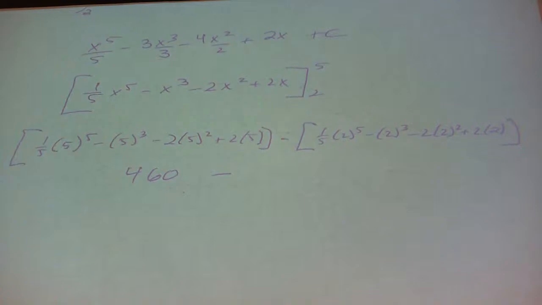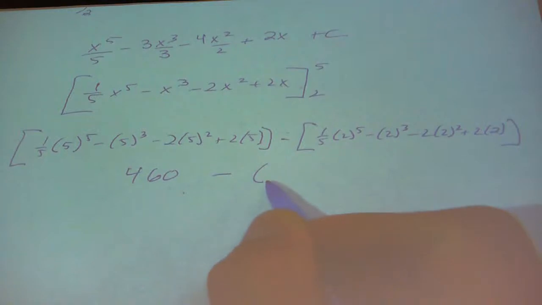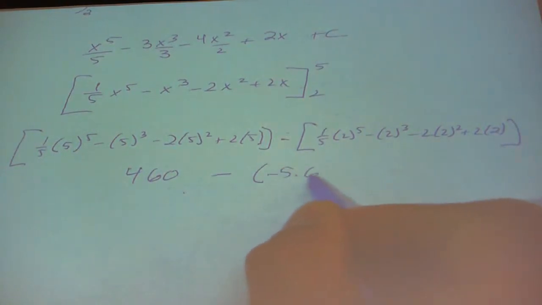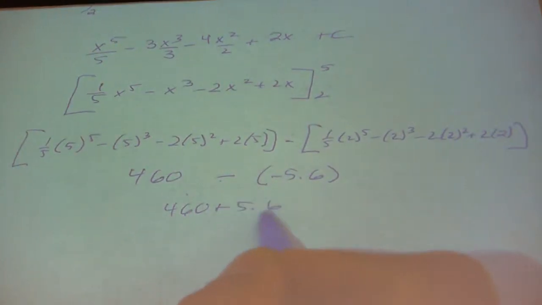Minus, what are we getting for the second number? Is it negative or positive? Negative 5.6. Negative, negative make positive. What do you get for a final answer?